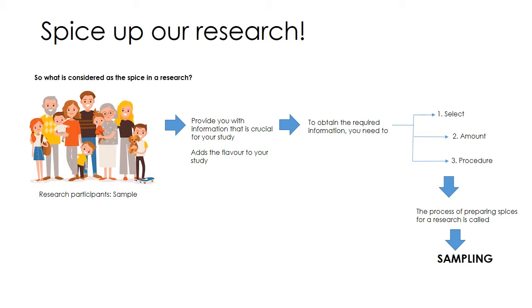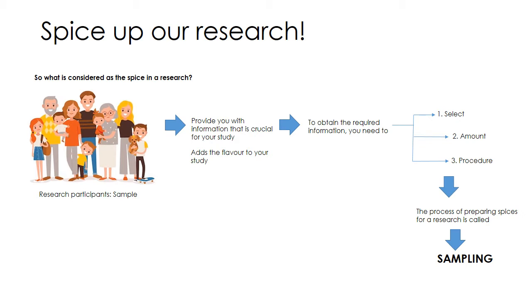In our research, the spice is actually our sample, the participants, because they provide you with the crucial information for your study, and basically they are flavoring your studies. They are bringing the taste and the aroma and everything to your study.